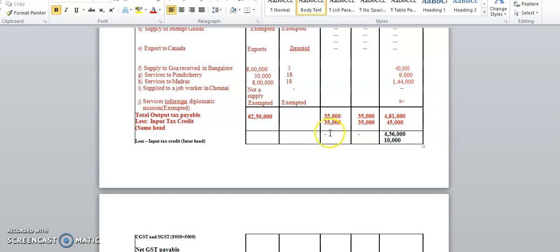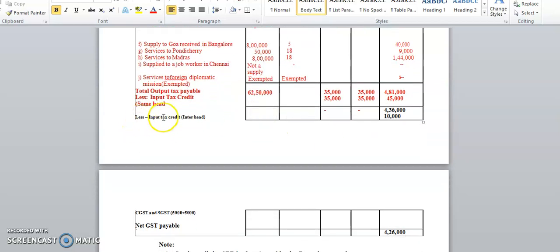So in the CGST input tax credit the available balance is 5,000. Similarly, in the SGST input tax credit the balance remaining is 5,000. That balance is utilized towards the payment of IGST output tax. I have mentioned here less input tax credit inter head, not same head. So this 10,000, how? CGST 5,000 input tax credit remains, SGST 5,000 input tax credit remains. So 10,000 is utilized towards payment of IGST output tax.